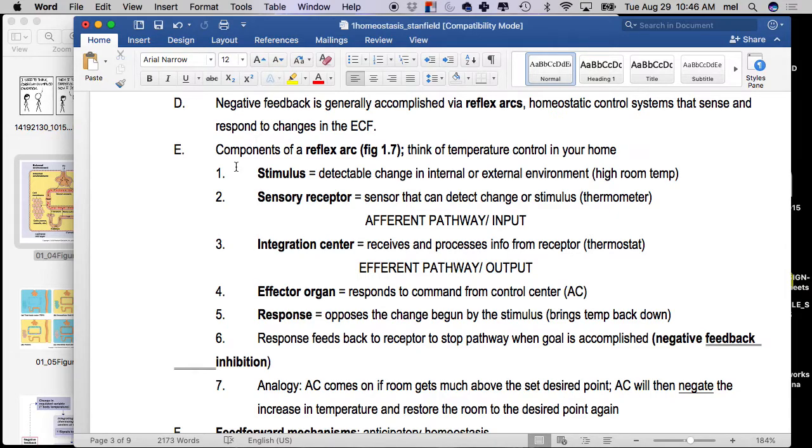The hypothalamus has the ideal temperature and also the acceptable error signal stored. So it has somehow stored that I prefer 98.8, and then it gets information that says, okay, we're not at 98.8, we're at 103. And that error signal is big enough that I actually need to institute a change, right?